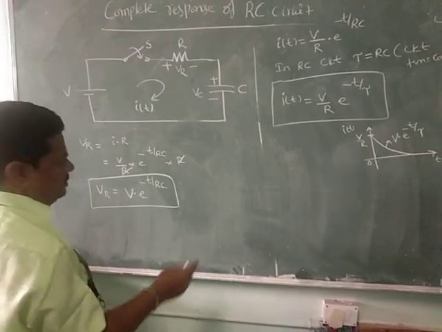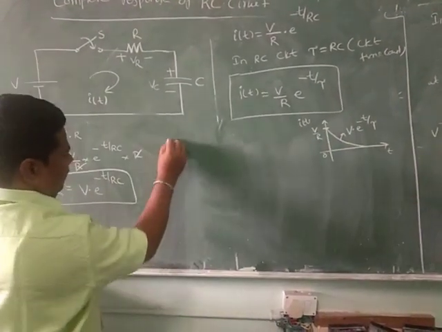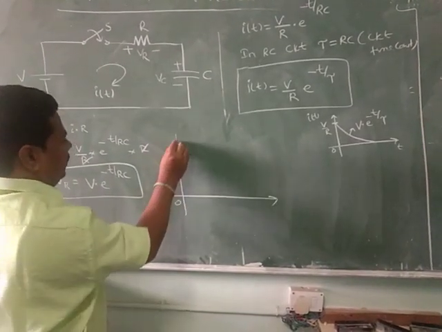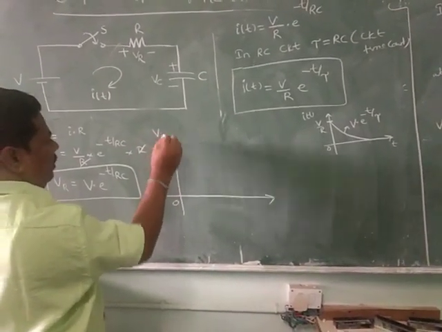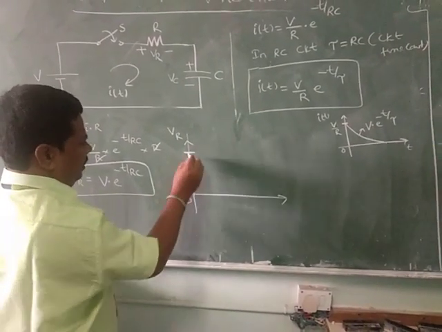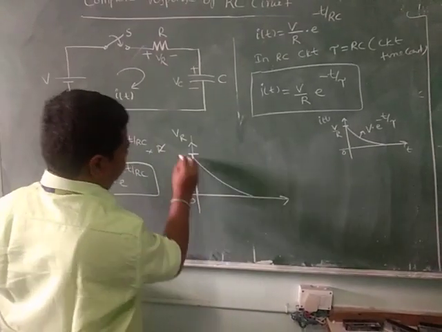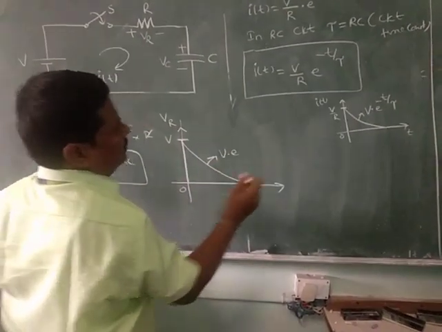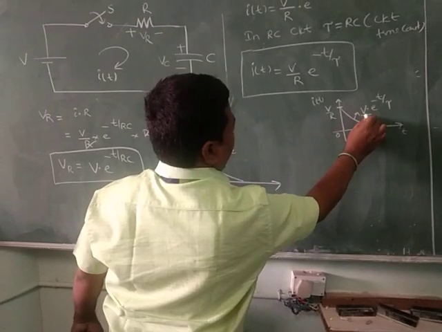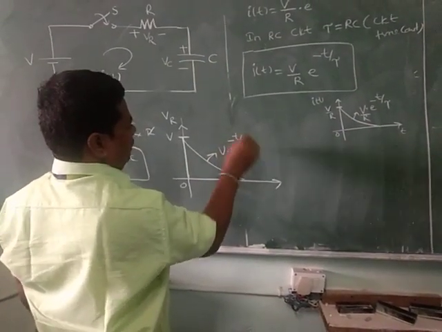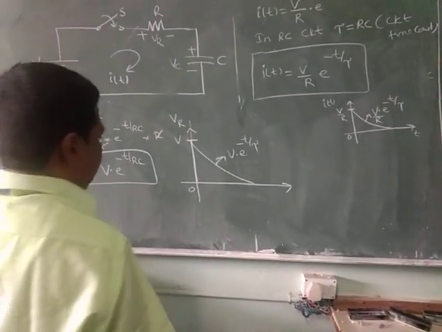So this is the same as the current wave, current response. This is VR, but the only difference is the magnitude, now this one is V, whereas the current starts at V by R. This is V into e power minus t by tau. Tau is equal to RC.